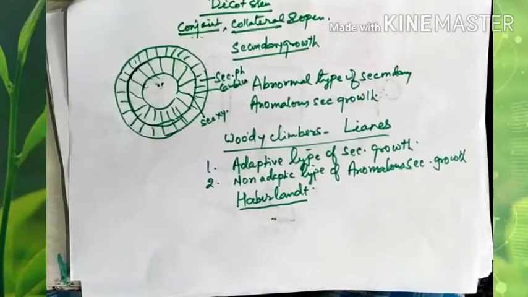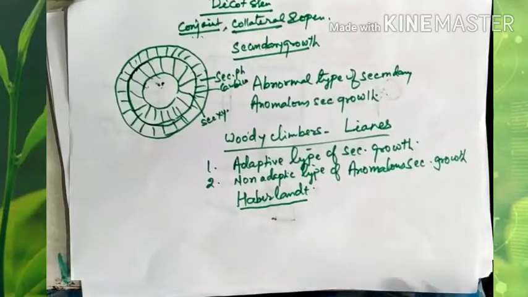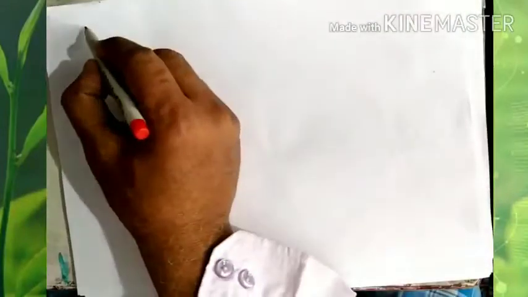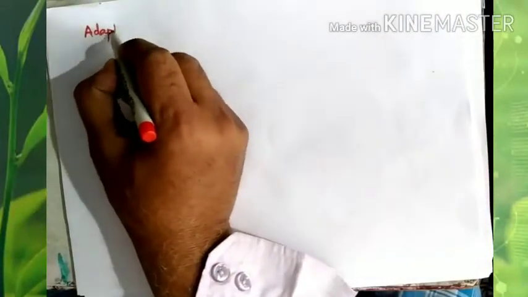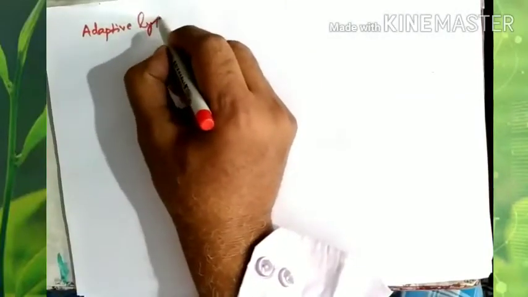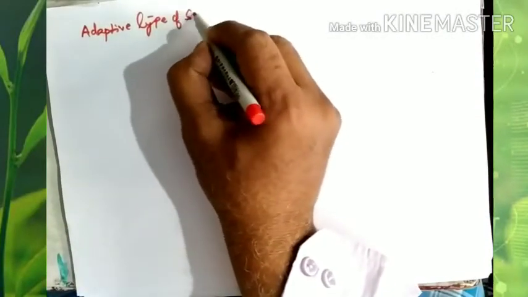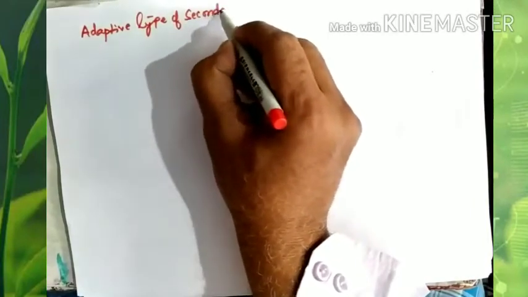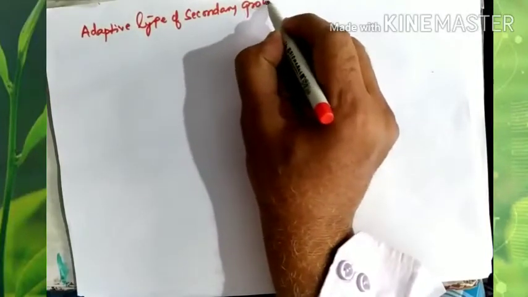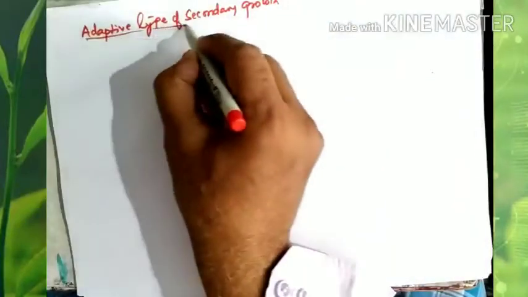So first of all, we see the adaptive type of secondary growth. This is the first, adaptive type of secondary growth. In this type of secondary growth, two types of situation are found.